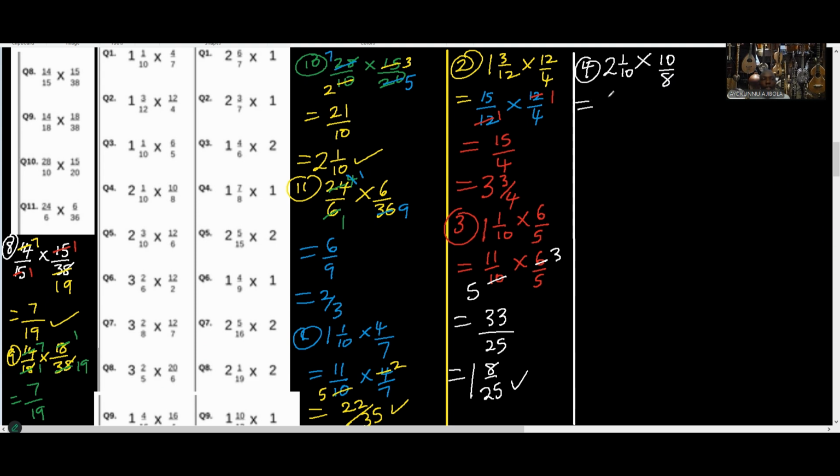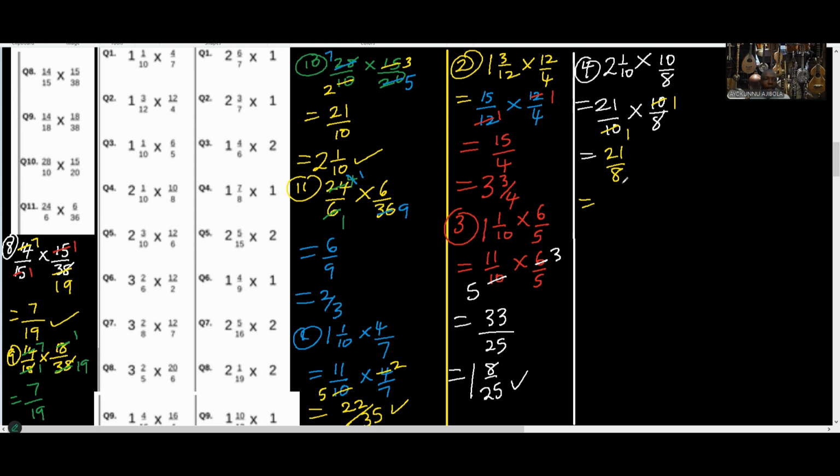You will change this. This becomes 21 over 10. Do you understand how we change it to 21? So then 10 here 1, 10 here 1. Then we have 21 over 8.